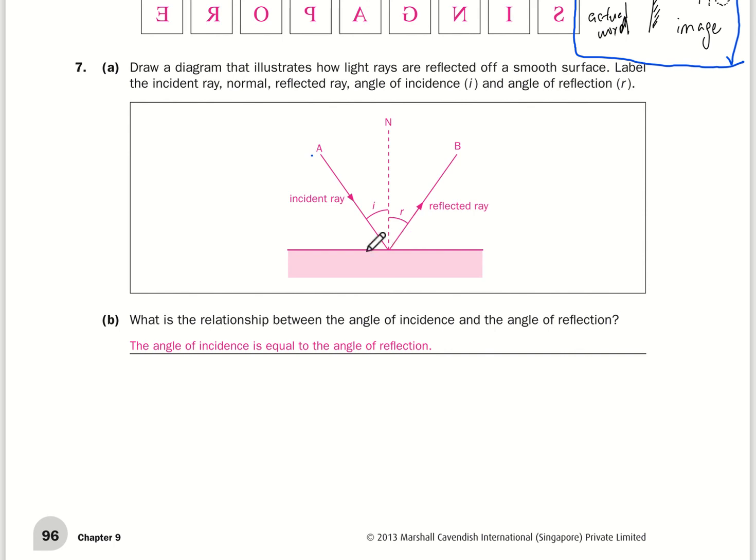For this surface, you need to draw a perpendicular line down, as we know that the incident ray will reflect at an angle that is the same as the angle of reflection. So that's why the angle i equals the angle r. So the relationship is basically that the angle of incidence is equal to the angle of reflection.